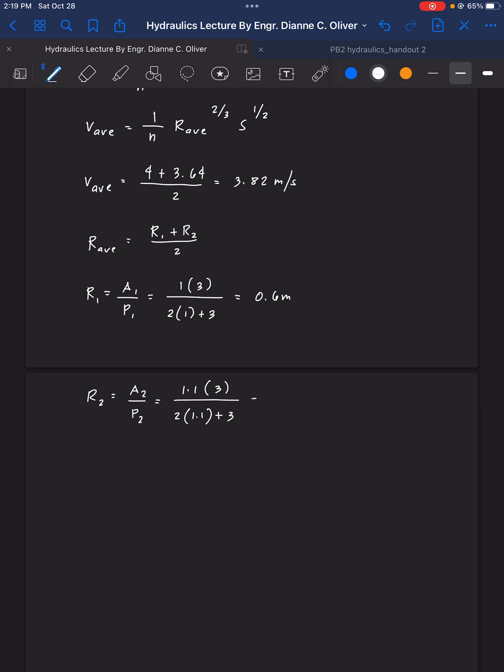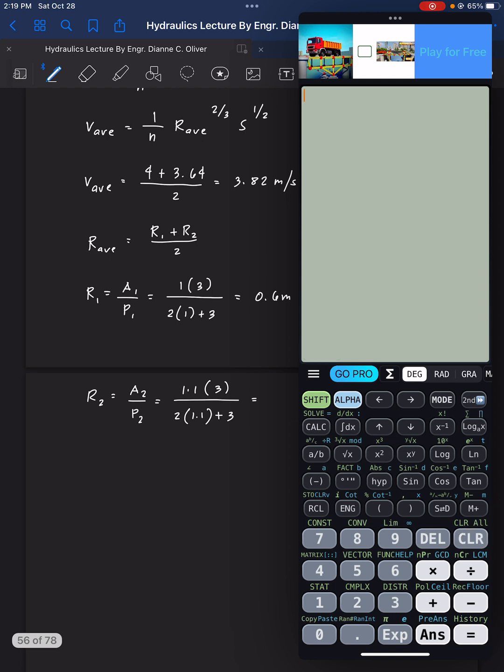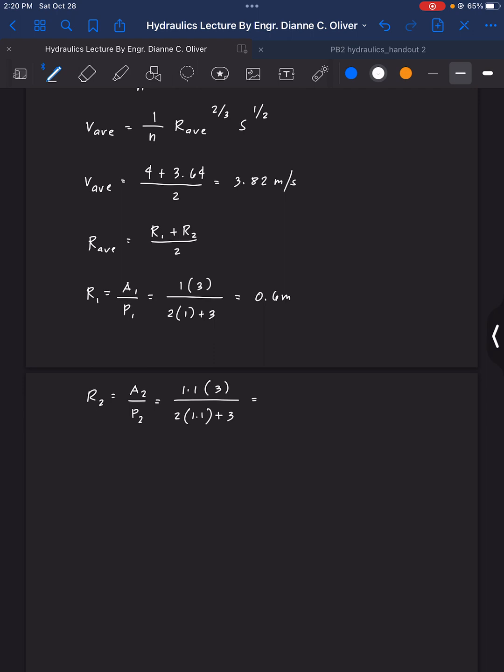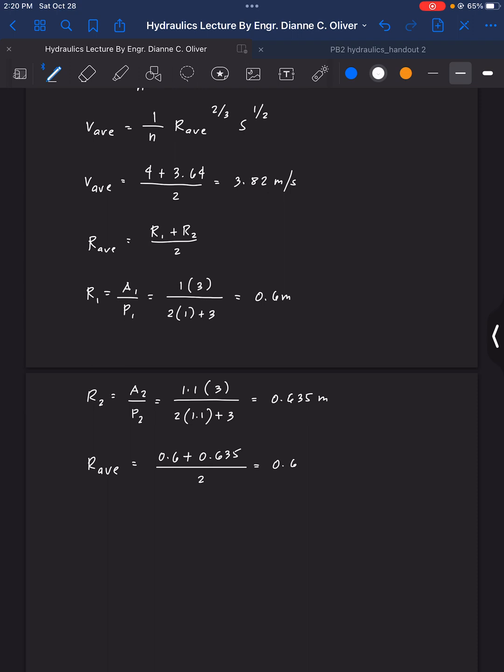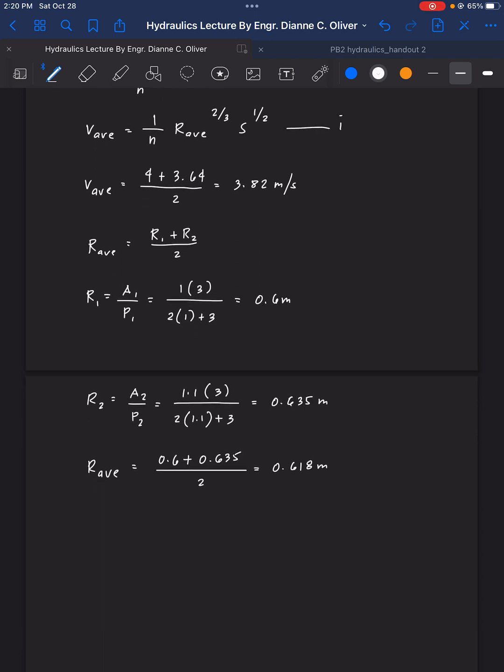That gives 0.635 meter. Therefore, R average is equal to R1 of 0.6 plus 0.635 divided by 2, that is 0.618 meter.